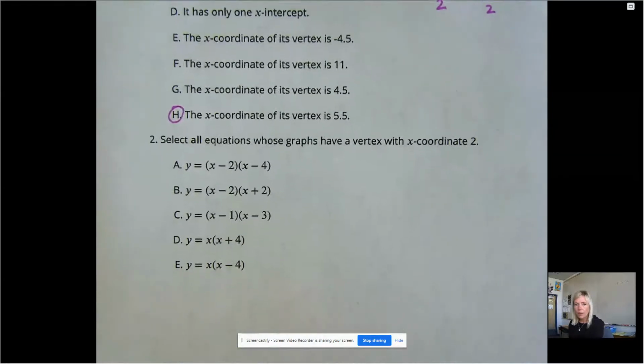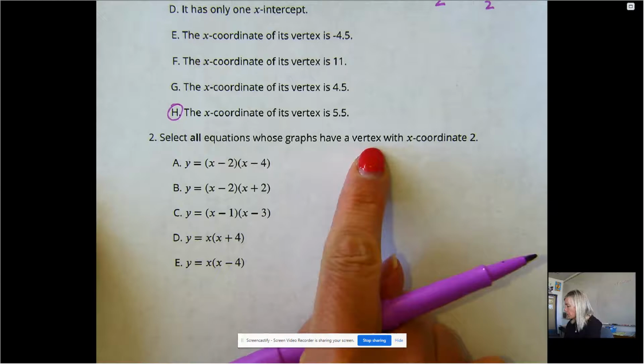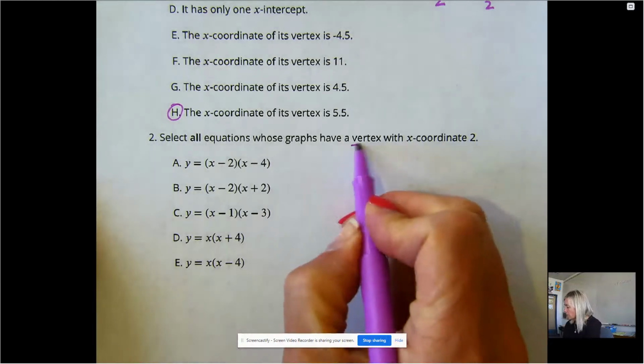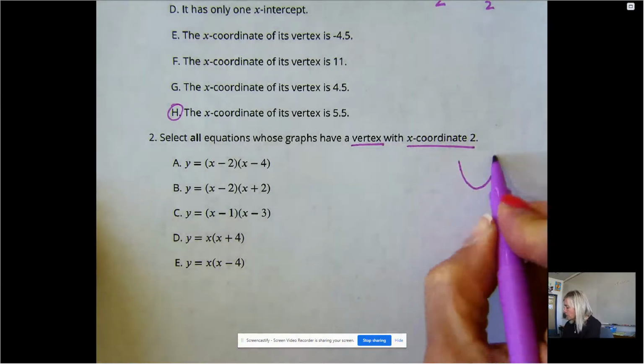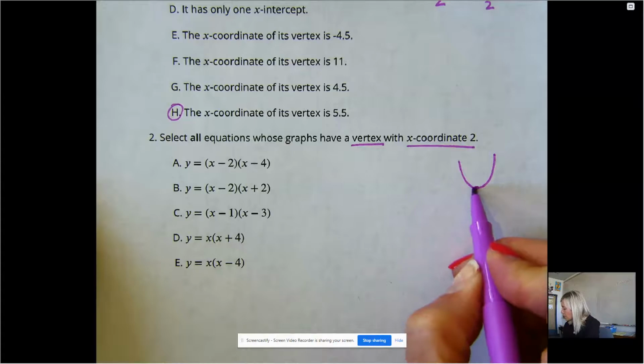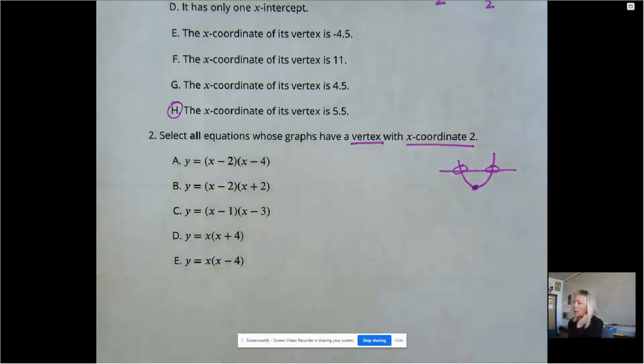Okay, so in number 2, select all equations whose graphs have a vertex with the x-coordinate of 2. So again, the vertex is going to be right in the middle of the two x-intercepts. So if we can figure out the x-intercepts, and then what number would be right in the middle.